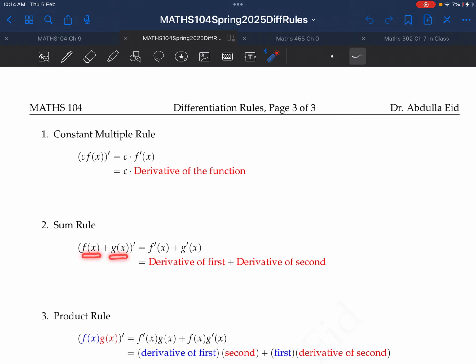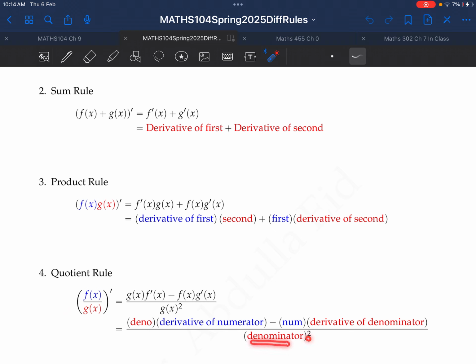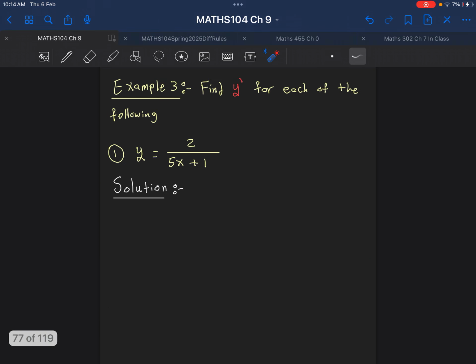If there is f of x plus g of x, it's only derivative of first plus derivative of second. And in the previous part, we did derivative of first times second for the product rule plus first times derivative of second. And now we will use the quotient rule, which goes like denominator squared, denominator times derivative of the numerator, minus numerator times derivative of denominator.